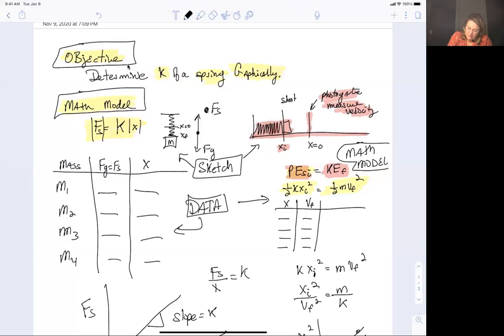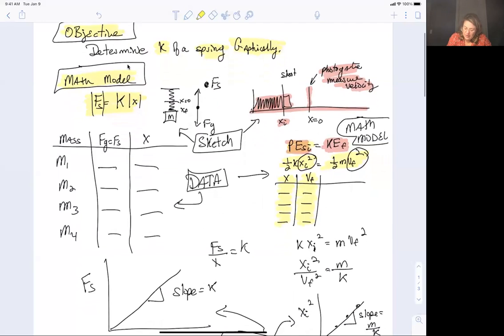K is what I'm looking for. I can measure the initial compression and the final velocity, and I can vary the initial compression. The mass is constant, so that's fantastic. I can change the x values and then measure the resulting velocity of the block with different compressions.